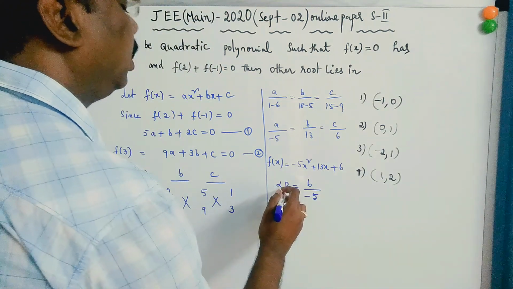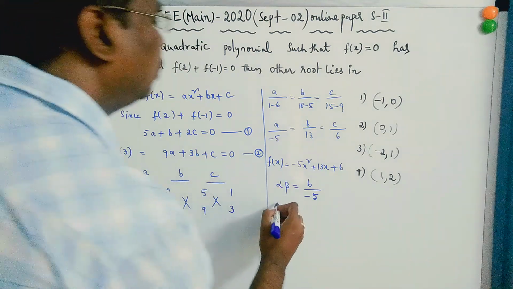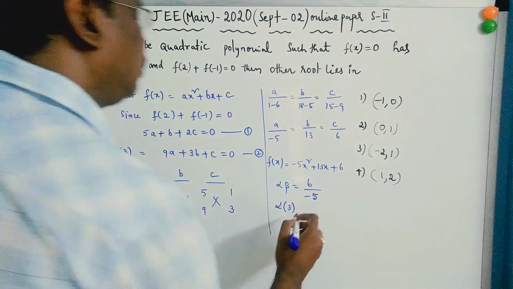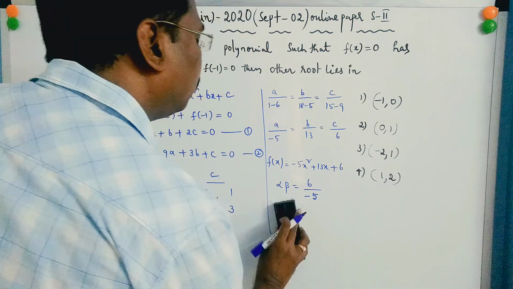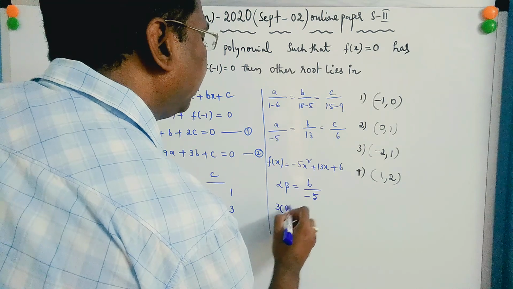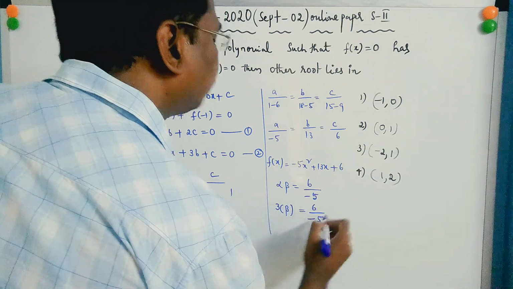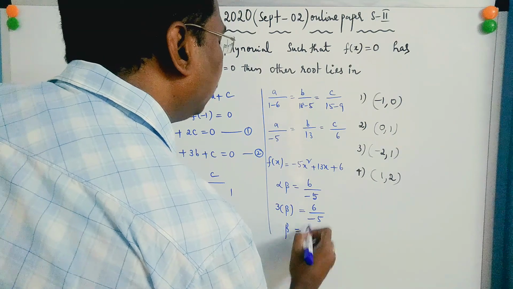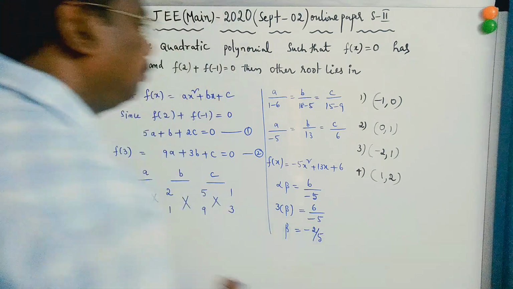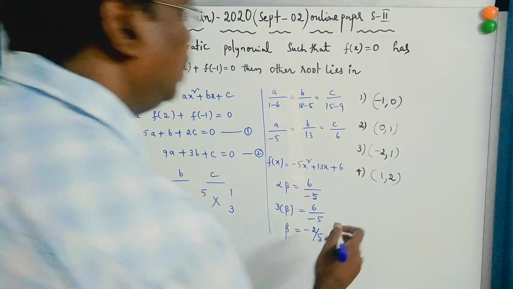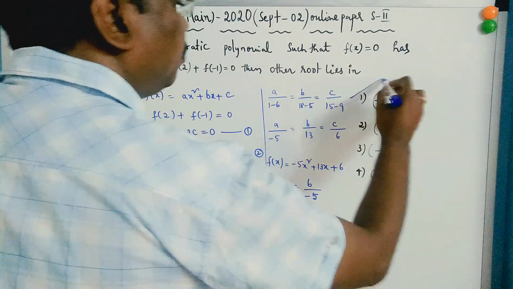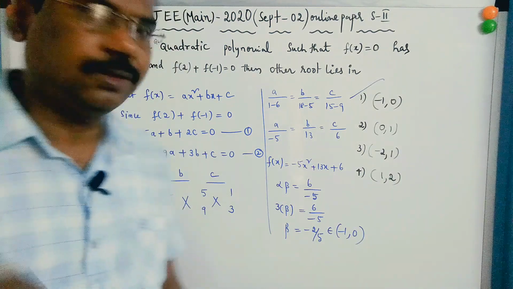Now one of the roots is given as 3, so 3 into beta is equal to 6 by minus 5. Now beta is equal to minus 2 by 5. Now it belongs to minus 1 comma 0. Therefore, option 1 is the correct one.